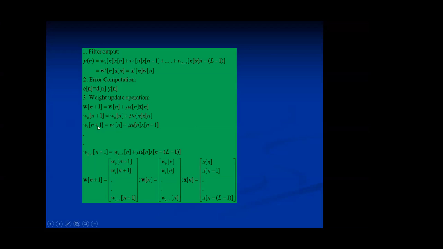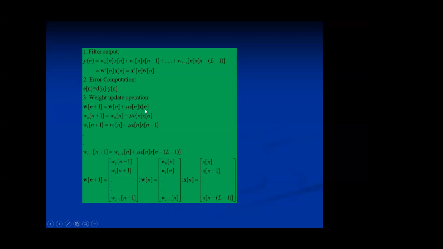Based on this error, I am going to vary the filter weights according to the LMS algorithm. This is the weight update expression according to the LMS algorithm, one of the famous algorithms. We have a derivation for this weight update relation, but I have taken it directly because it is a famous expression.